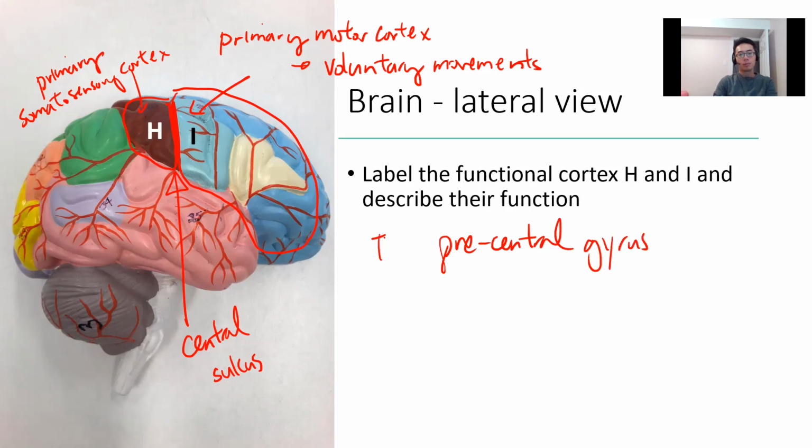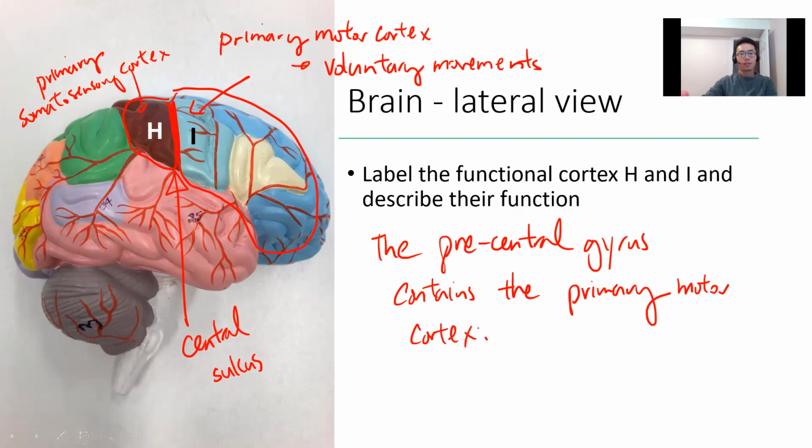The pre-central gyrus contains the primary motor cortex, and the post-central gyrus contains the primary somatosensory cortex. The somatosensory cortex processes somatosensory inputs from your skin: touch, temperature, texture, all the things we talked about. Is this okay? Any question?